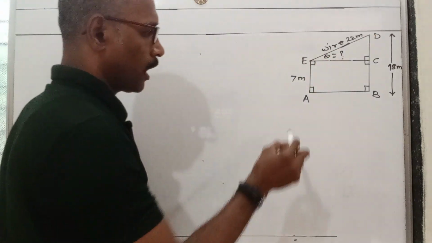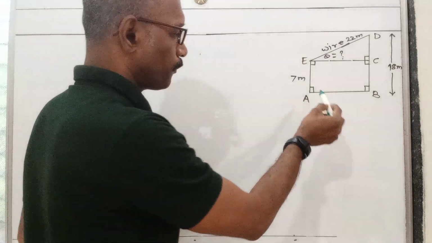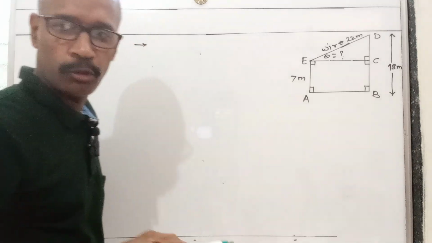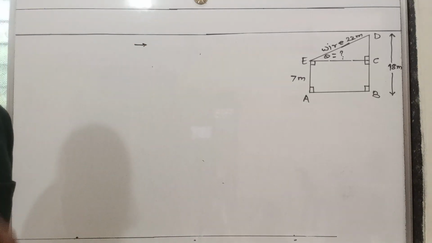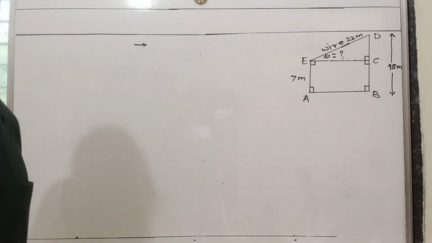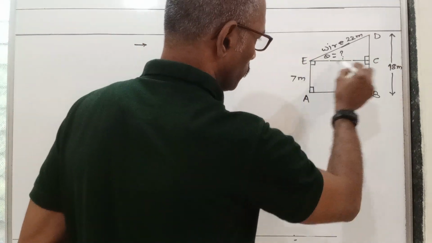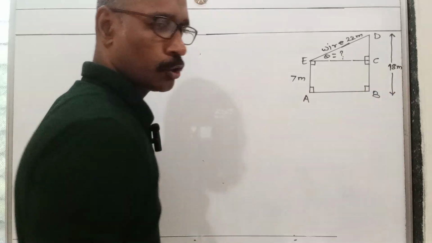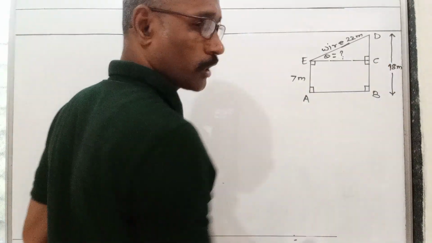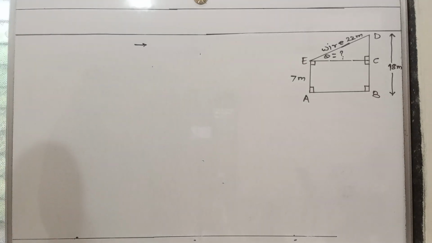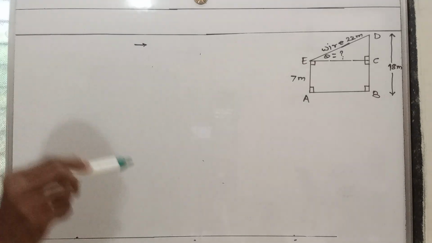Now see this, we will find this. Before that, I have told you these are erected on the ground. Poles are erected on the ground, then those are perpendicular to the ground. So 90 degree, and this segment EC is perpendicular to BD. Therefore, this is also 90 degree. Therefore, the fourth angle is also 90 degree.